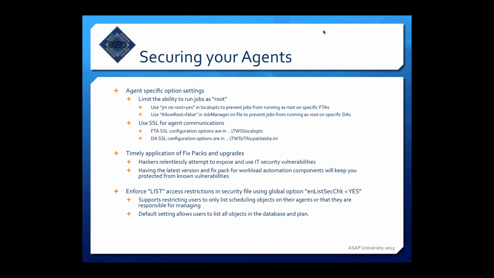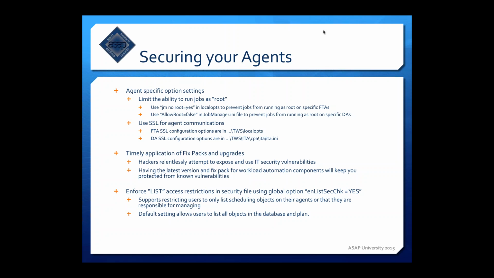One other thing about agents: in the security file, there's a list keyword that allows you to list out objects, jobs, job streams, resources, prompts, all the different objects that are in the plan or the database. By default, the enListSecChk global option is set to no in new environments, and that's legacy behavior.